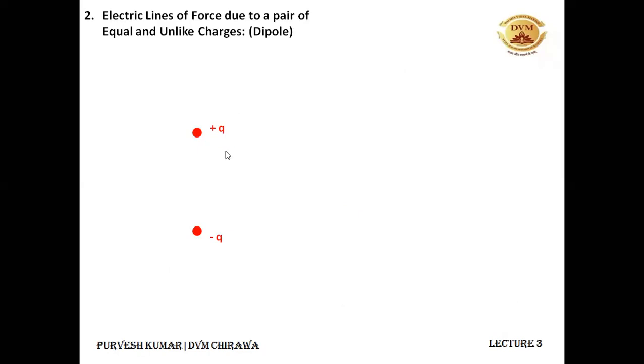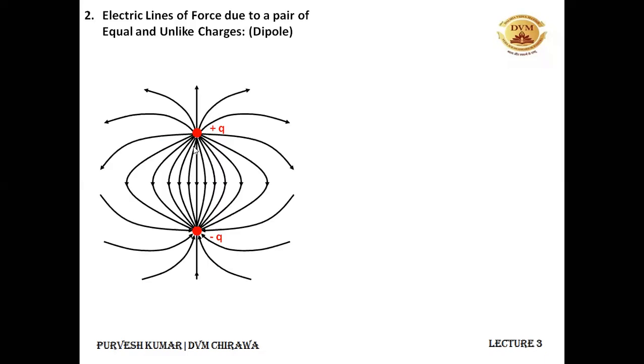They will always come out from the positive charge and terminate at the negative charge. Please keep this in mind. So this is how the electric field lines look for a dipole, or for two equal and opposite charges.